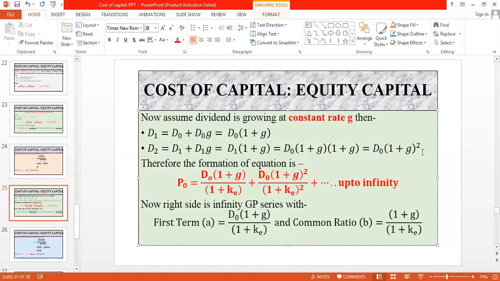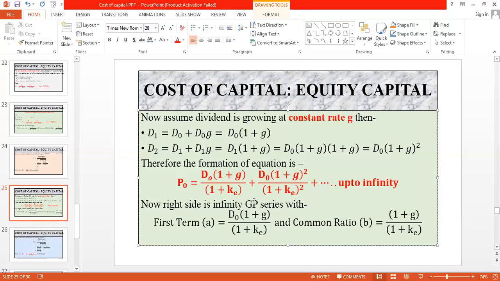So my equation will be P0, the market price of the share, is equal to D0 into 1 plus G, this is D1, divided by 1 plus K, plus D0 into 1 plus G whole square, this is D2, divided by 1 plus K whole square, plus it will continue up to infinity.